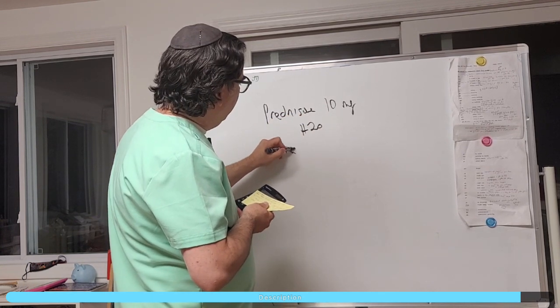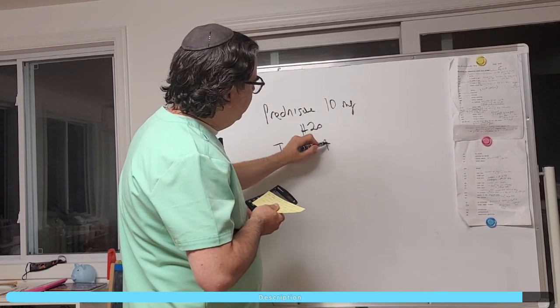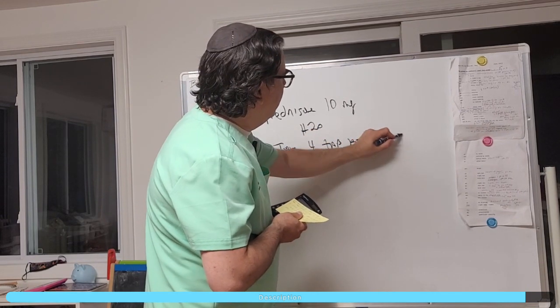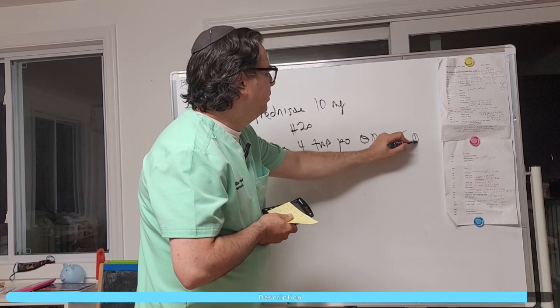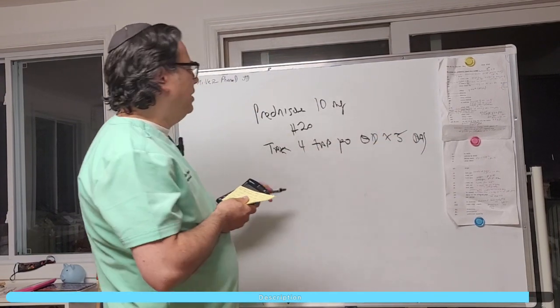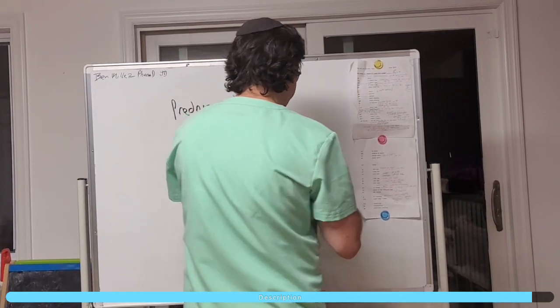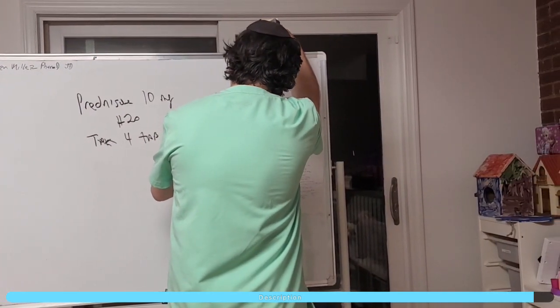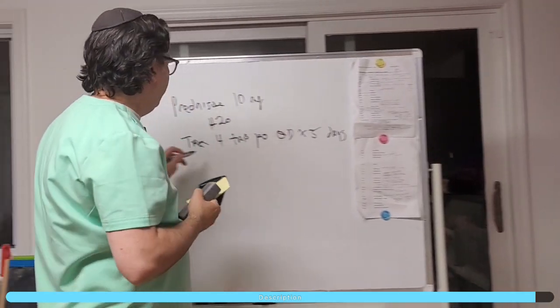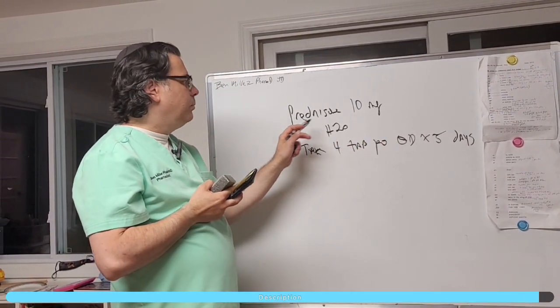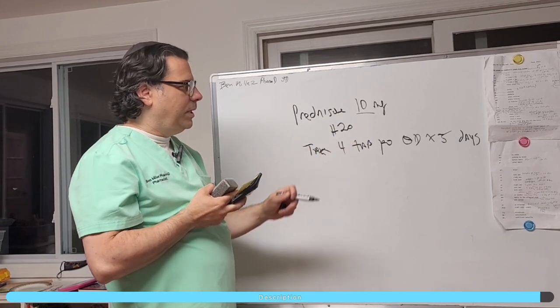Take 4 tabs, PO, QD, times 5 days. Let me write this a little neater. Take 4 tablets by mouth, QD daily for 5 days. Prednisone 10 milligrams, number 20.